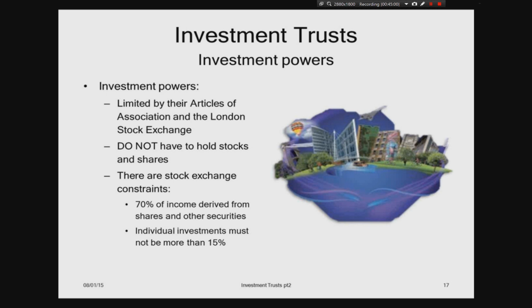Under stock exchange rules, there are a number of constraints on the level of investments that can be held and undertaken. For example, 70% of the income of the investment trust must be derived from investments in shares and other securities. No individual investment may total more than 15% of the overall assets held by the investment trust.